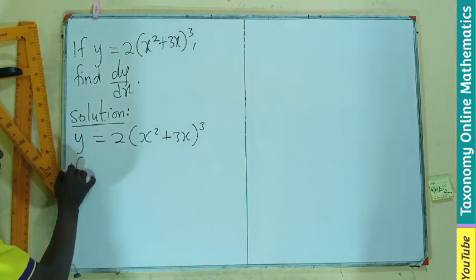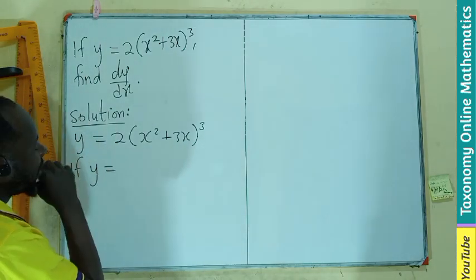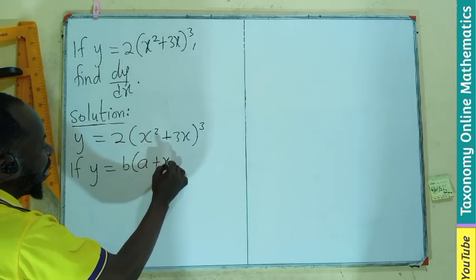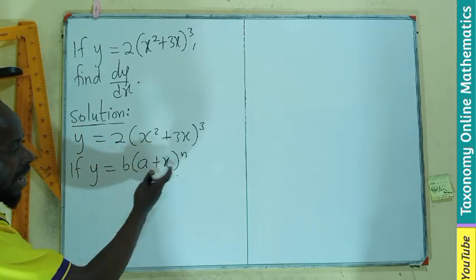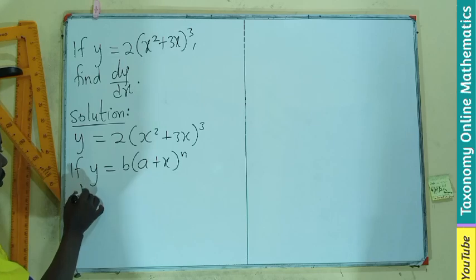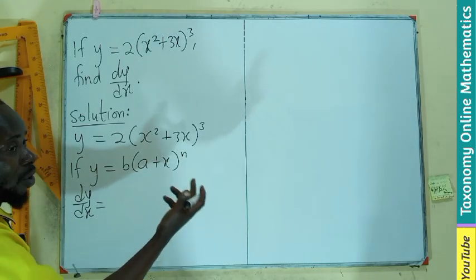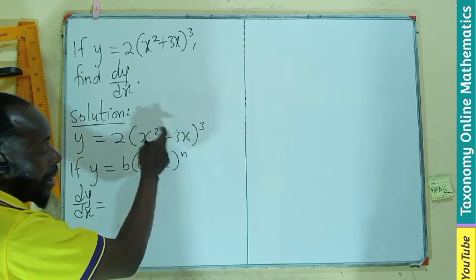So know that if you are having y equals, let's say, b times (a plus x) raised to the power n as a function of a function, your dy/dx becomes, as in normal differentiation, the power comes to multiply.